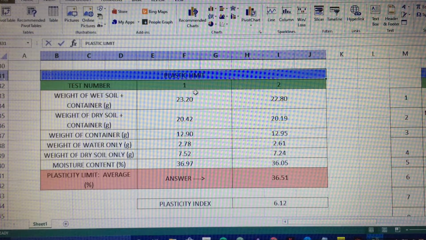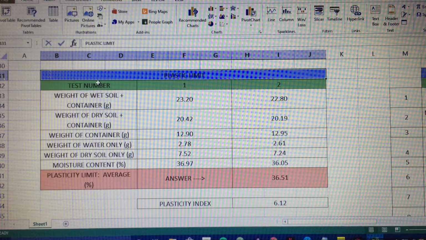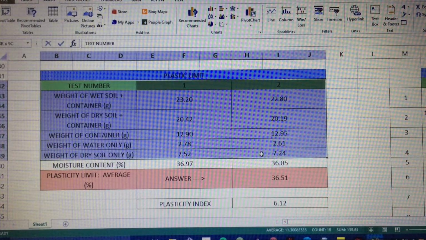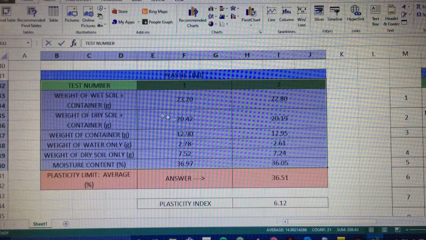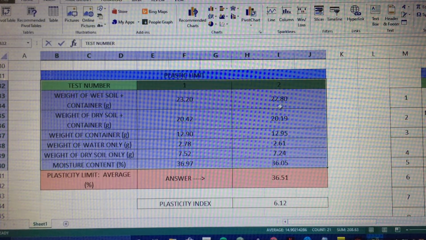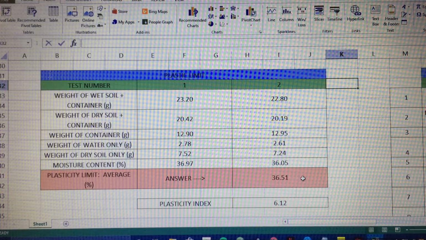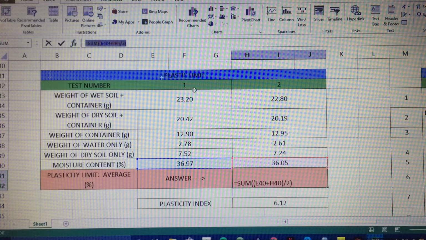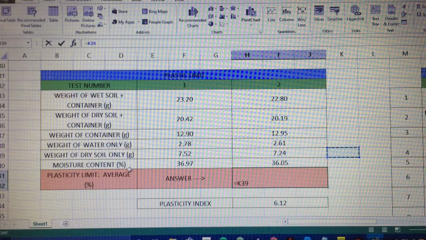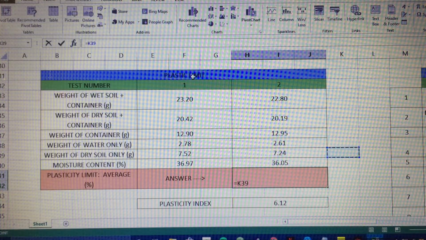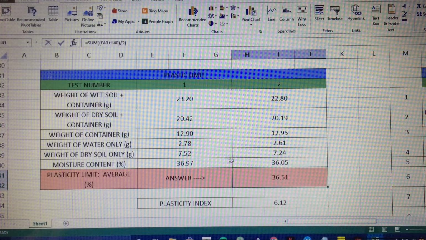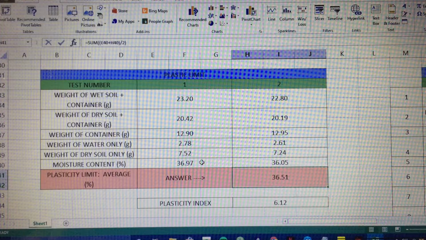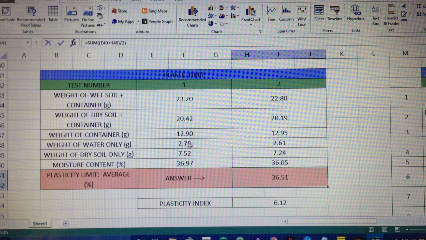So, let's move on sa plastic limit. Here, itong values na to, these are data from the SIEVE sa example doon, para na din ma-make sure na tama yung formulas na ginamit ko. So, basically, ang formula lang ng plastic limit is moisture content at test number 2 plus the moisture content at test number 1 divided by 2.